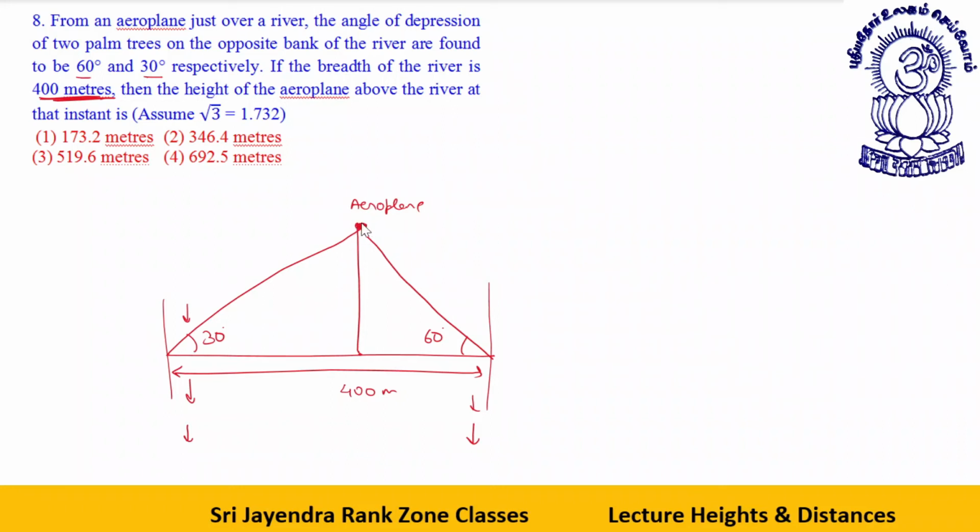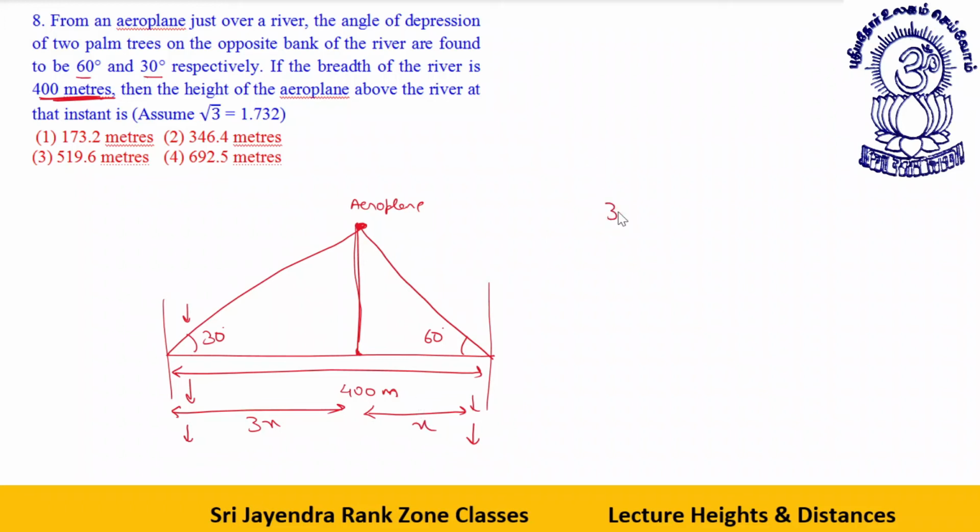Now what will happen is, this is 30, this is 60. The logic is, this is the same height. The base along the 30 is 3x, the base along the 60 is x.